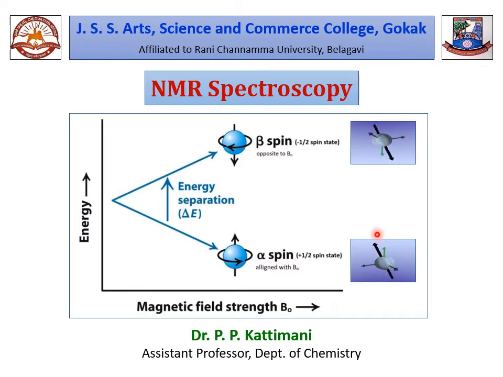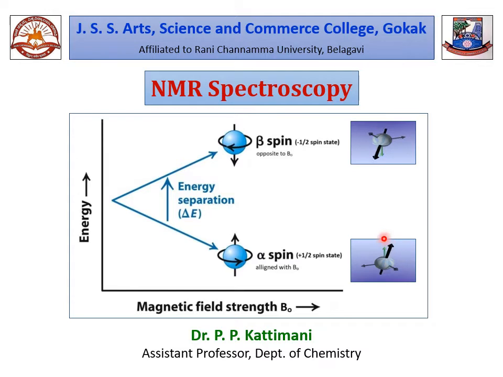We have also studied that resonance occurs when the proton in the alpha spin state absorbs radio frequency and changes its spin state from alpha to beta. So in the phenomenon of resonance, the proton absorbs the radio frequency and changes its spin orientation from alpha spin state to beta spin state.